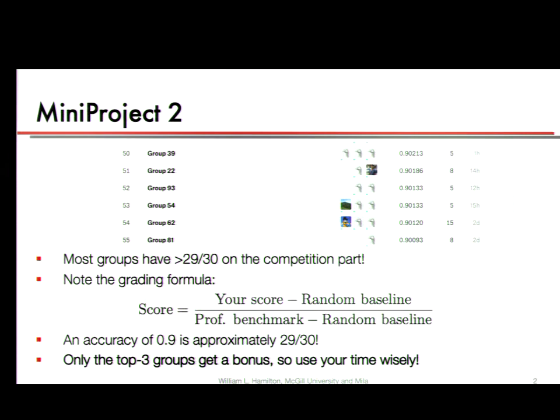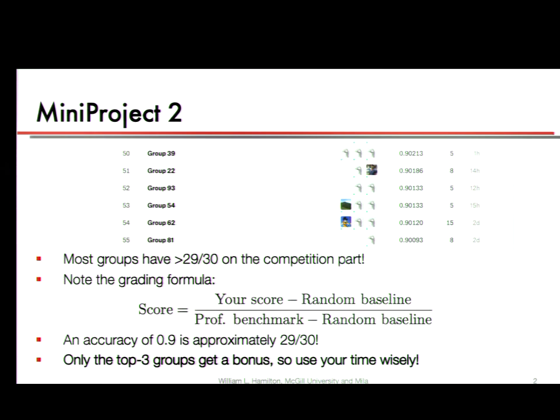So it doesn't matter what your rank is in the class. All that matters is how close you are to my baseline, and you get 100% once you're there, and the top 3 get a bonus 5 points. I say this because people are busy, especially undergrads who are taking lots of courses.